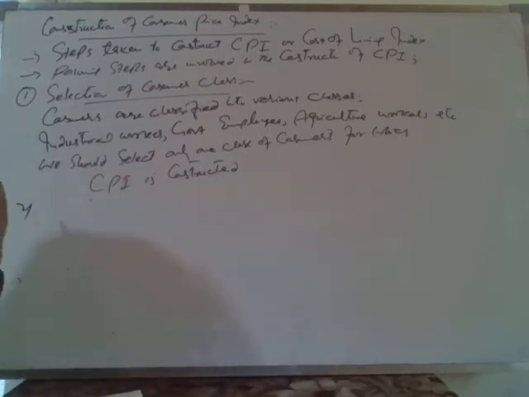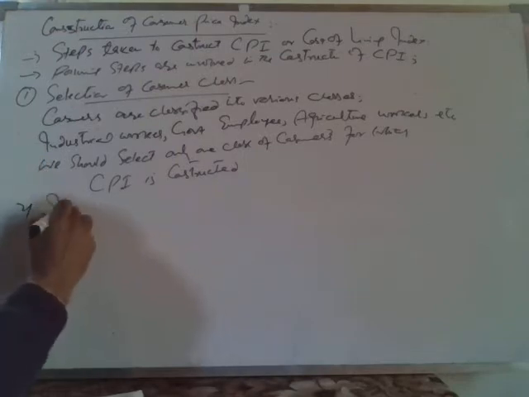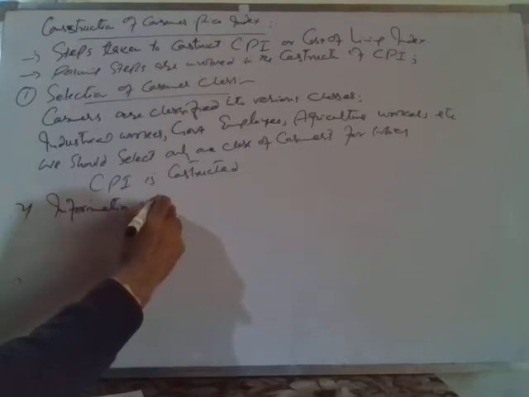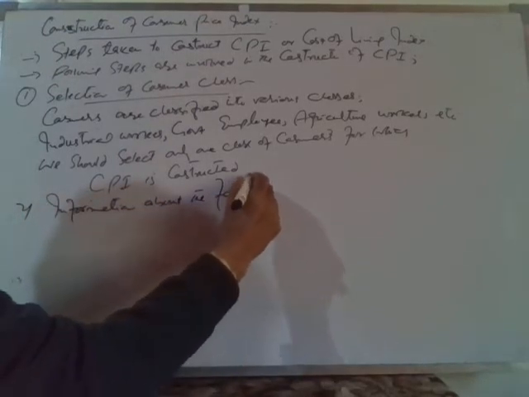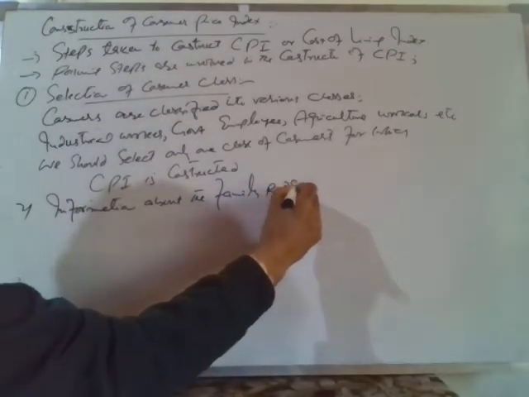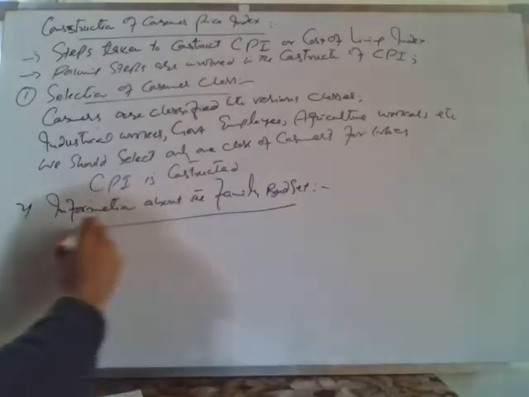Number second is information about the family budget. Next step is we must have information about the family budgets.